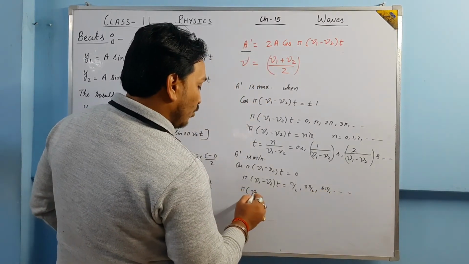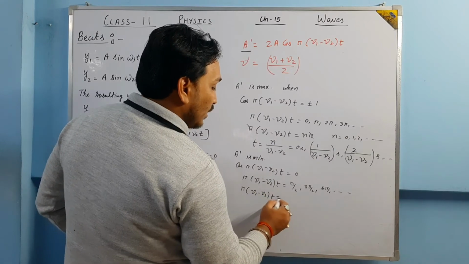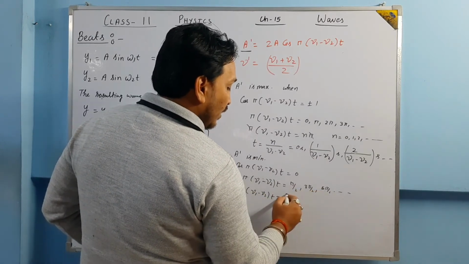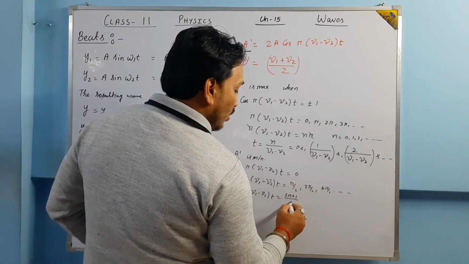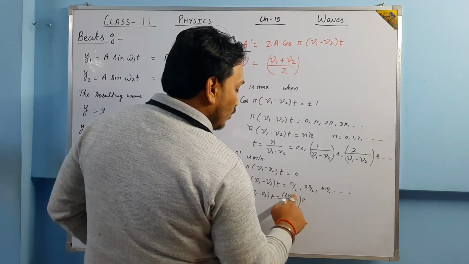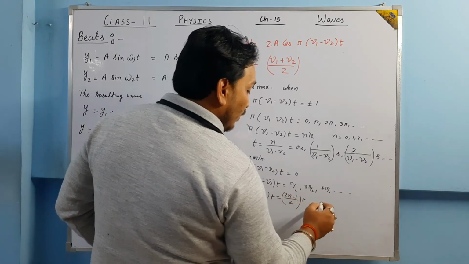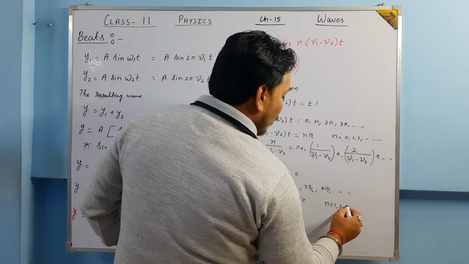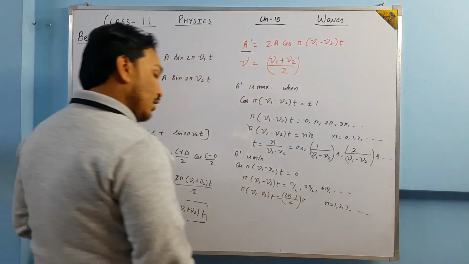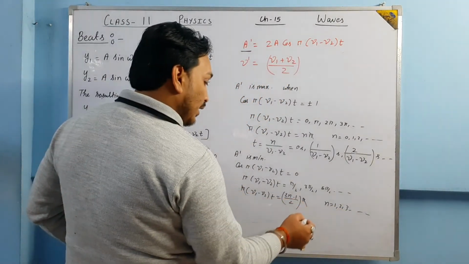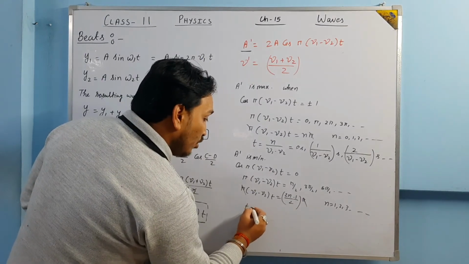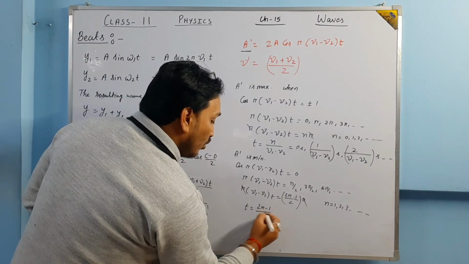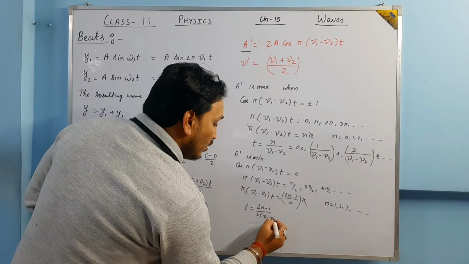If I generalize it, I write (2n minus 1) upon 2 into pi, where n starts from 1, 2, 3 and so on. Pi and pi will be cancelled out. So t is going to be (2n minus 1) upon 2(nu1 minus nu2).